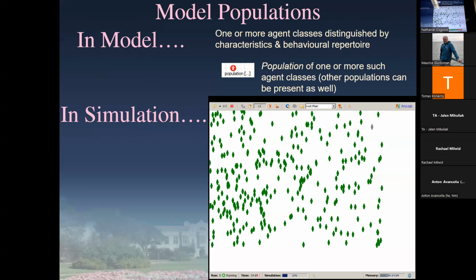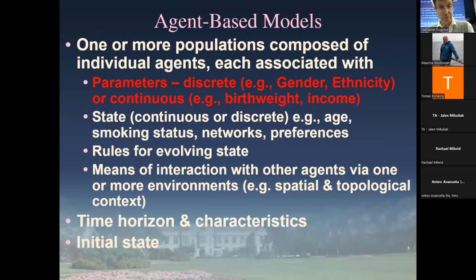Or maybe we have a model in which we have deer and we have people who interact with the deer, and we have ticks or something like that, and we're looking at the spread of Lyme disease within the population, something along those lines.